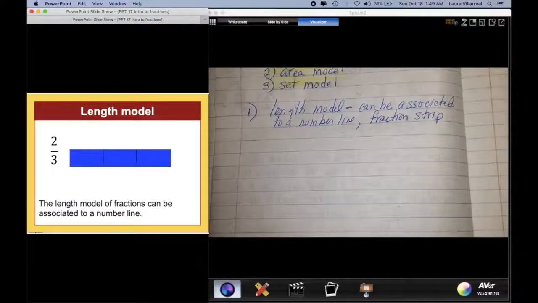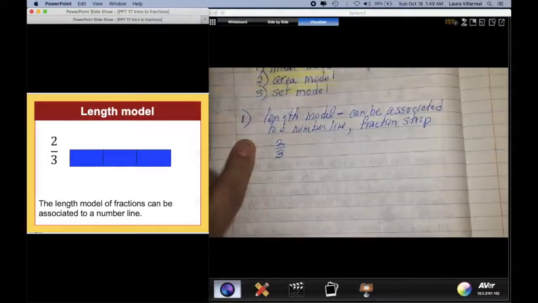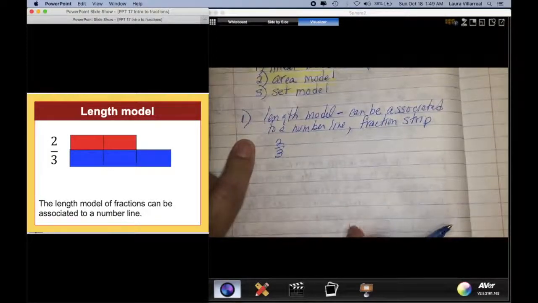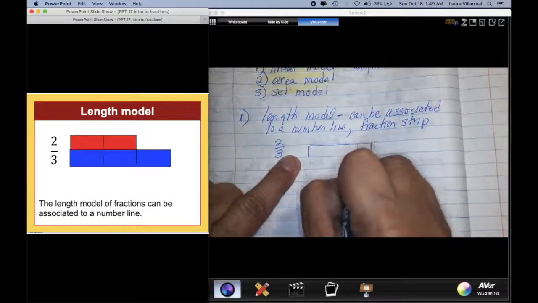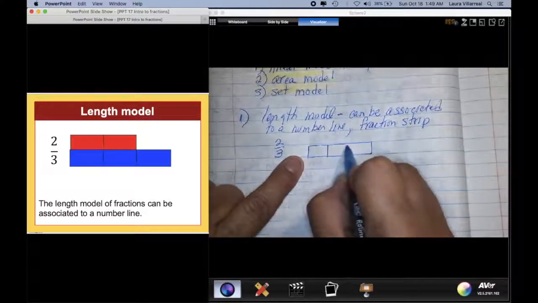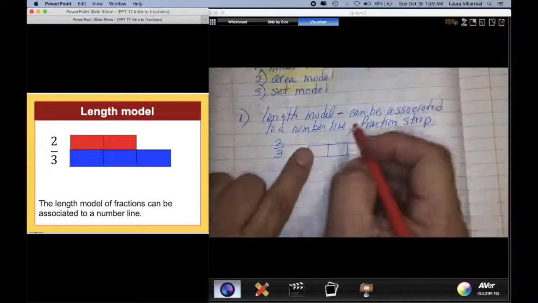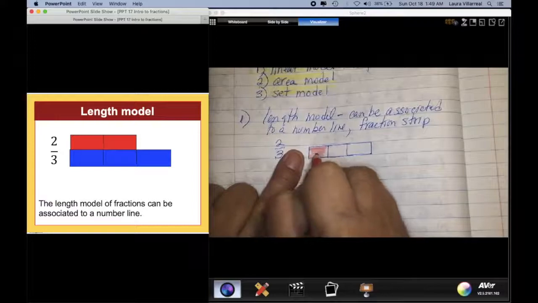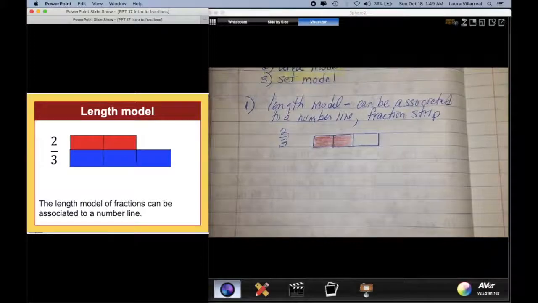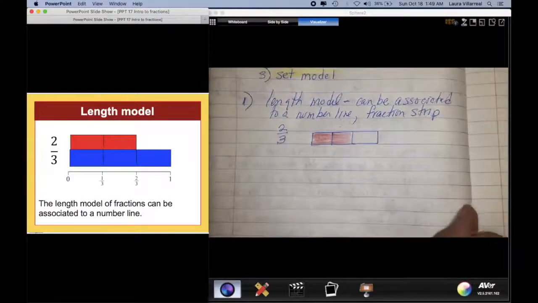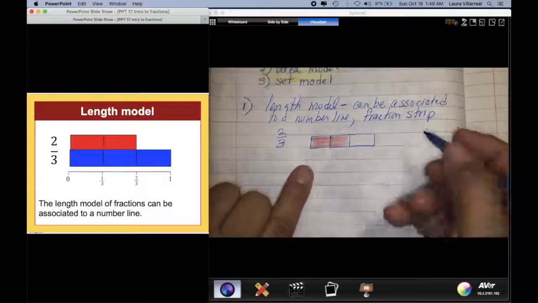Fraction strip. So let's look at 2/3. So 2/3 is 2 out of 3. Okay, so here's my strip. I divide it into thirds, and 2/3 would simply be shading 2 out of 3. So again, here I have my fraction strip. We could also look at a number line, and I'm going to make it the same length just to show.